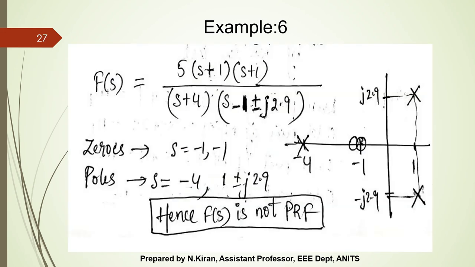So I'll get minus 4 and complex conjugate roots 1 plus or minus j 2.9. So it clearly indicates that the poles are located on the right half of the S-plane. Hence, the given function is not a positive real function.